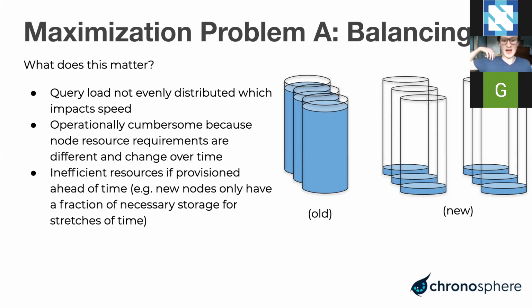Another problem is that this is just very operationally cumbersome, because you have these nodes that are changing over long periods of time in how much data they actually will have. So at first, 3 of these nodes are huge and full, but then over time that will go down, or over 30 days in this example.